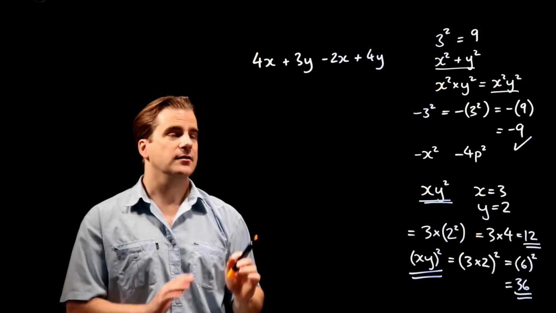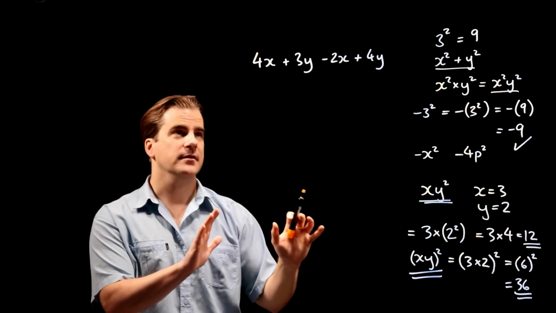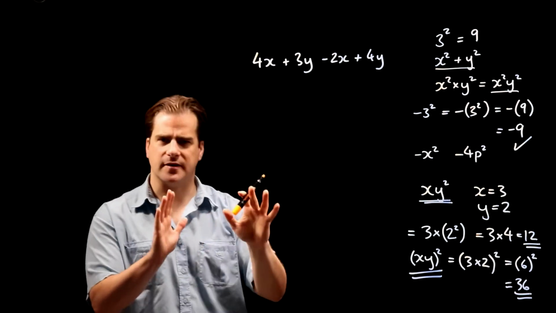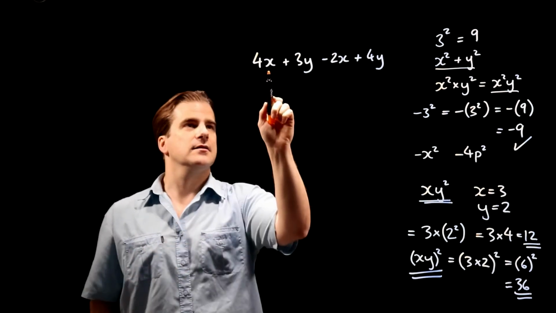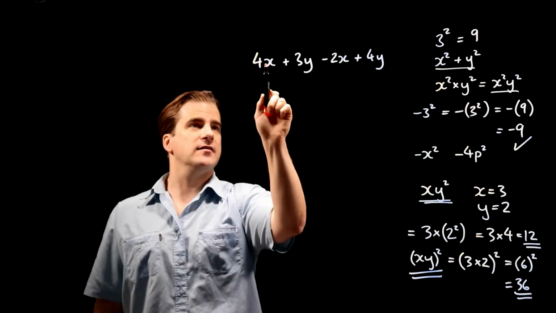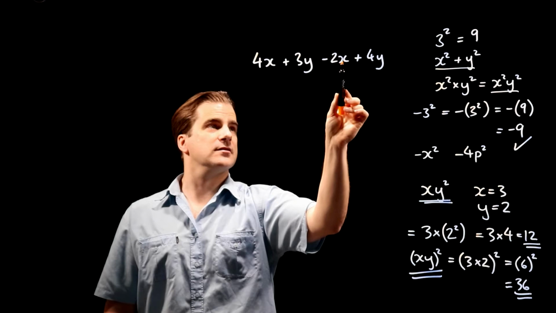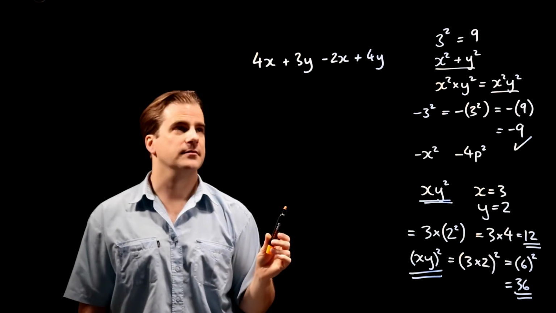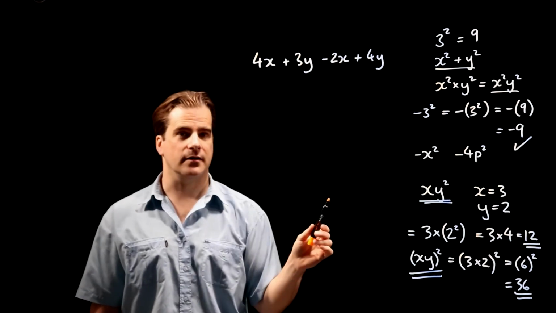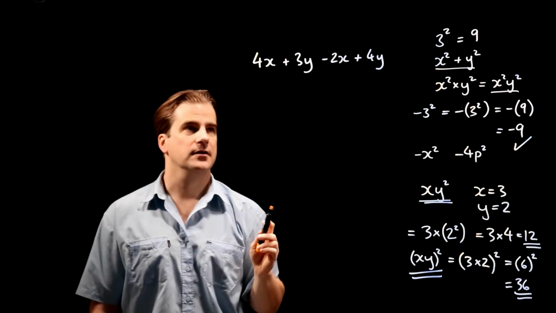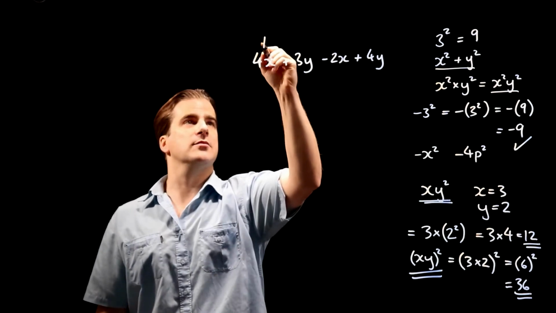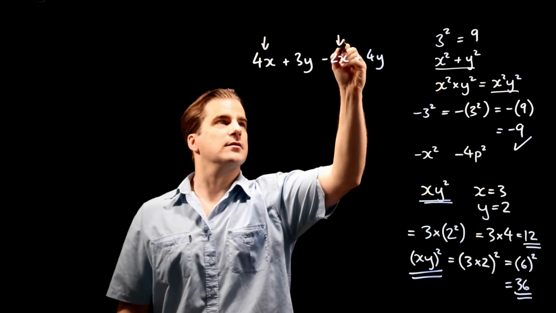No x squareds, you can't combine them. There aren't any in this anyway, but we'll do an example of that in a minute. Only x's. So the only term you can combine this one with is this one, because that's got an x in it. And these don't, they're y terms, so you can't combine them with this. So we're going to combine this one and this one.